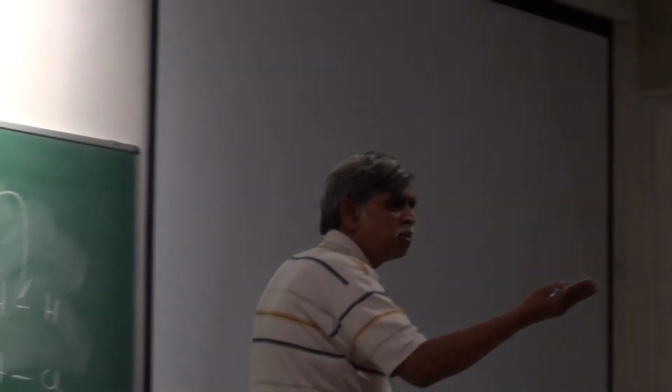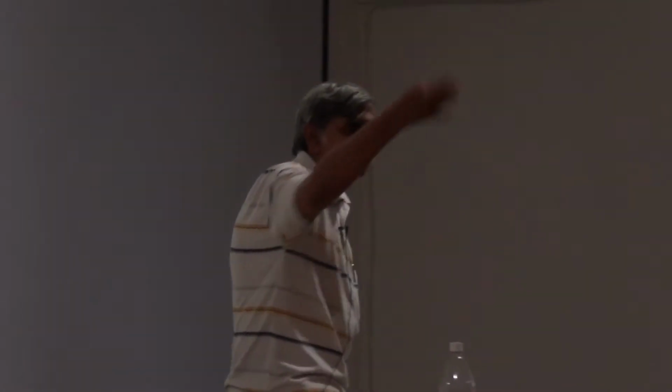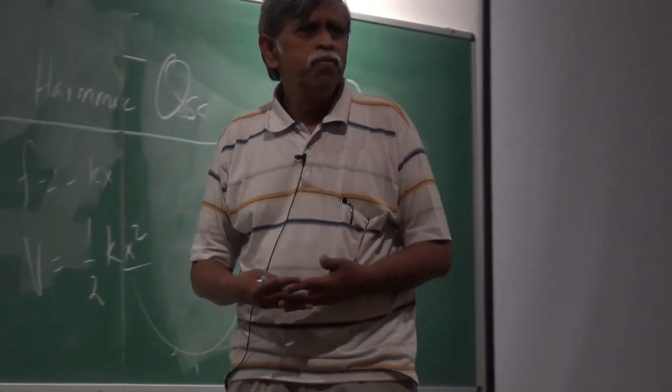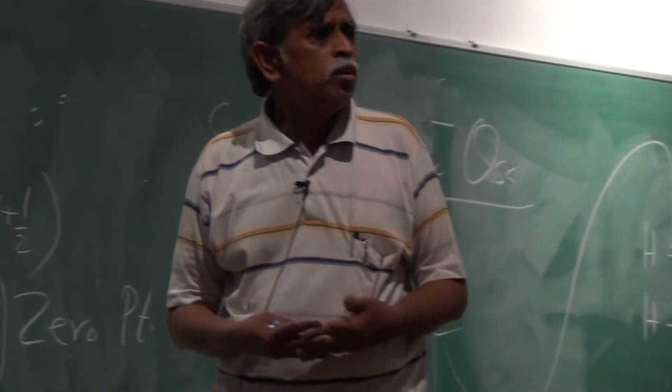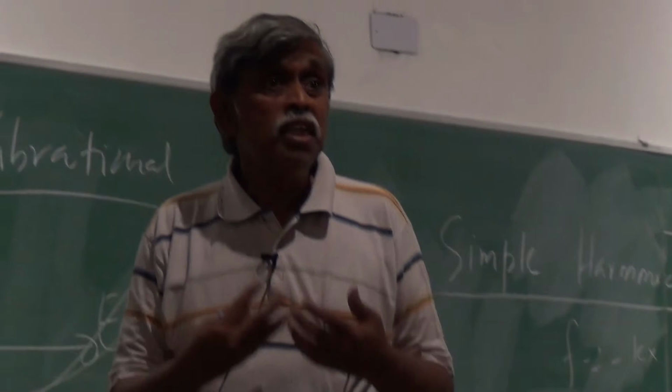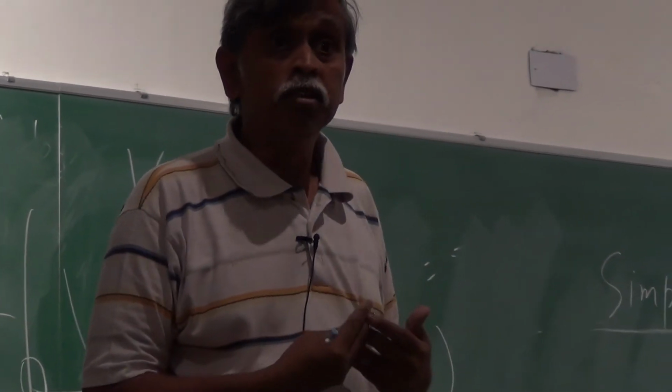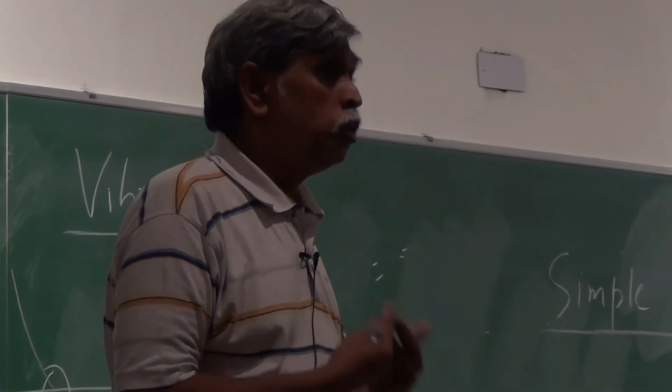Typically, you have done the experiment, and where are all your features coming? 1000 wave numbers, 2000 wave numbers, 3000 wave numbers, right? Your x-axis in the FTIR spectra that you recorded are all in the realm of 700, 1000, 2000, 4000. So I'm essentially looking at energies of the order of a few thousand wave numbers to be able to go from one level to another.